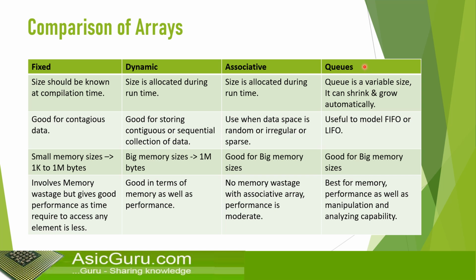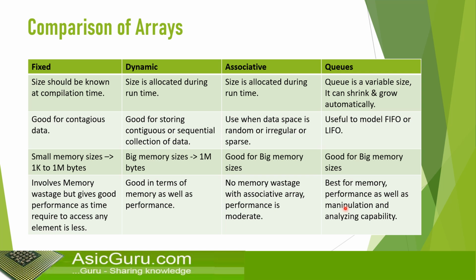Last we have queues. These are like dynamic arrays but with the additional power that they can grow and shrink automatically. They are a perfect fit for modeling FIFO or LIFO behavior, and they are ideal for big memory operations where both performance and manipulation are critical.